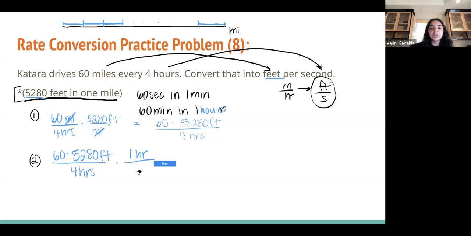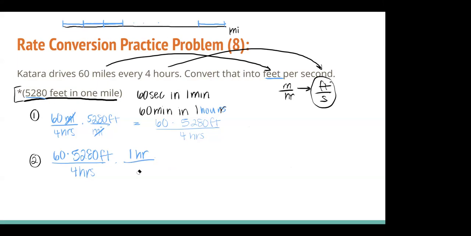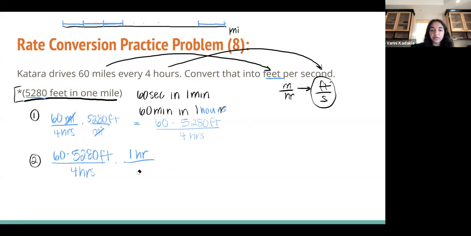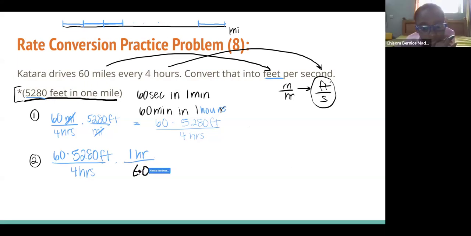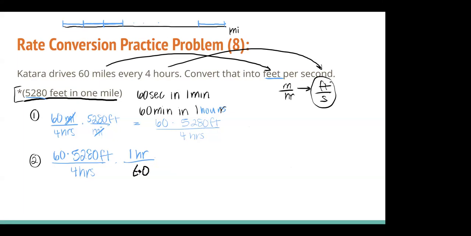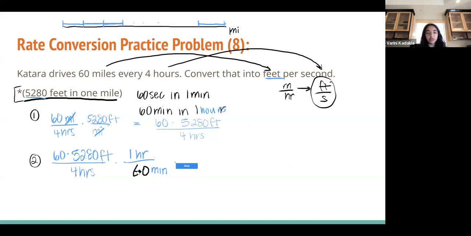So let's first convert to minutes, right? Because in order to get from hours to seconds, we first need to go through minutes, right? So we're going to put 1 hour over, what should I put at the bottom? 60 minutes. Yeah, we have to do 60 minutes, right? Okay, so now we have to do one more step in our conversion.